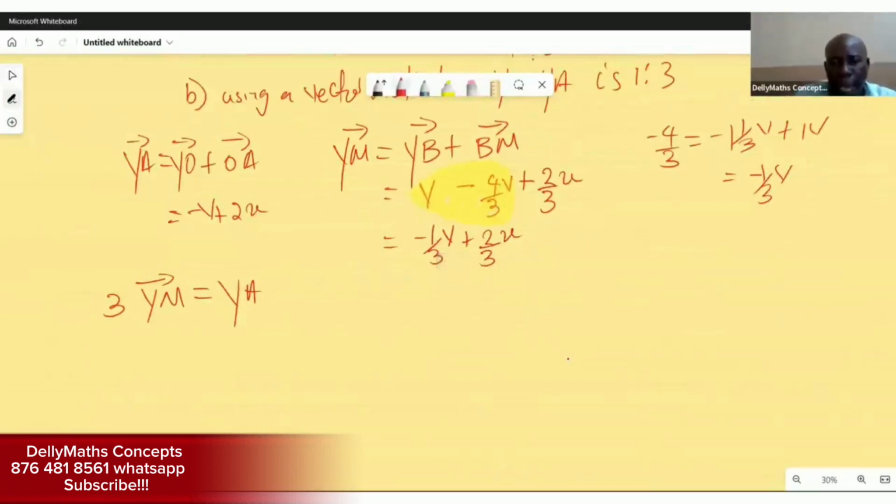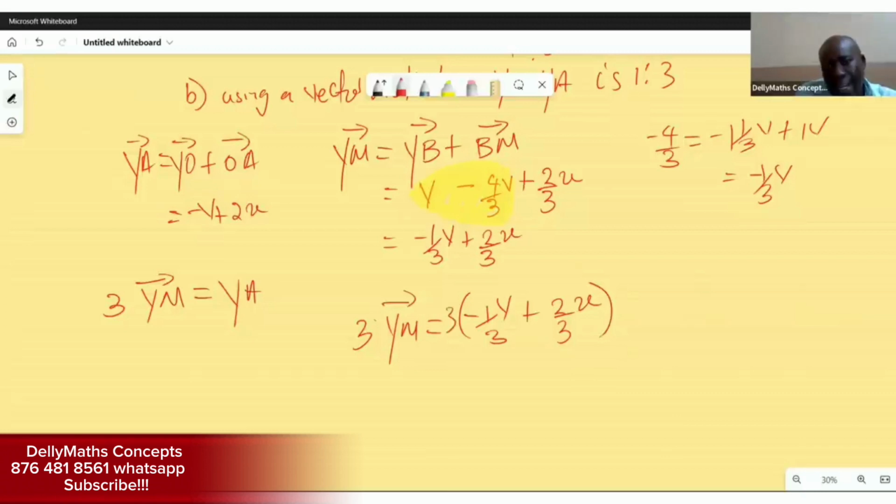Because this is my YM. YM is negative 1/3 V plus 2/3 U. Now I'm going to do 3 of it. So I'm going to put the 3 out there and then distribute it. 3 times negative 1/3 V plus 3 times 2/3 U. Check this out. 3 into itself 1 time, 3 into itself 1 time.